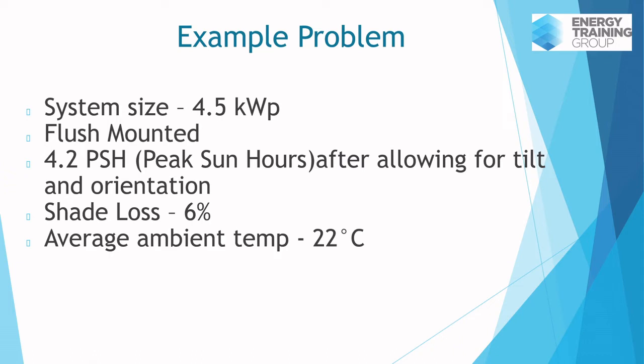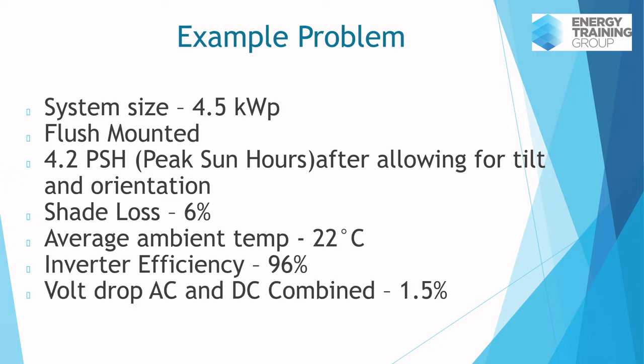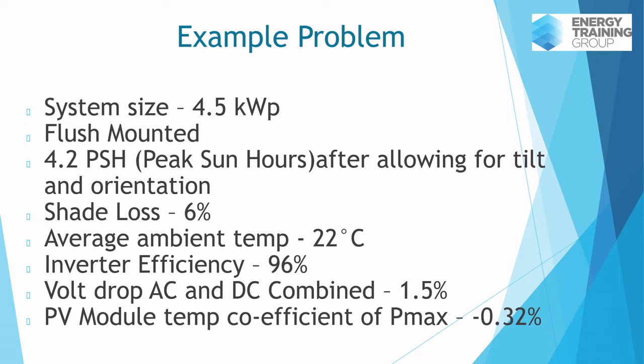We have an average ambient temp of 22 degrees Celsius. Our inverter efficiency is 96%, and our volt drop on our AC and DC cables is 1.5%. And finally, our PV module temp coefficient of Pmax is minus 0.32%.